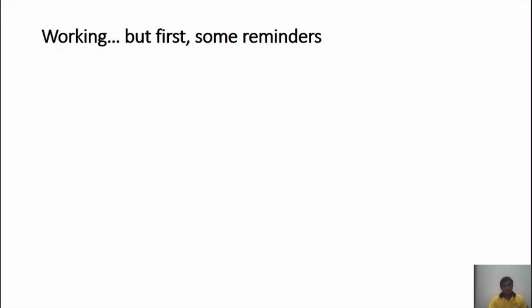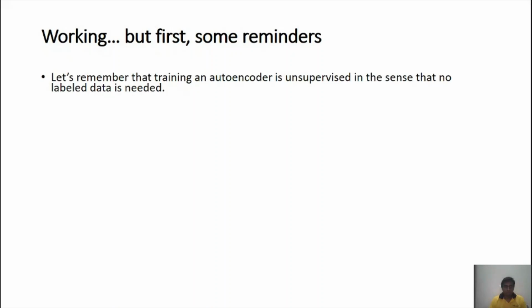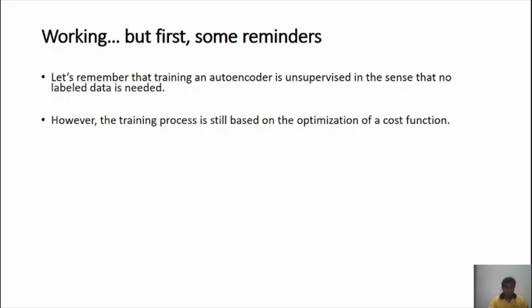So we'll start first with some reminders on what we have seen so far. We have seen that autoencoders are unsupervised. We also discussed why there is a bit of conflict on that part. And we also saw that there has to be a cost function in this particular case as well.